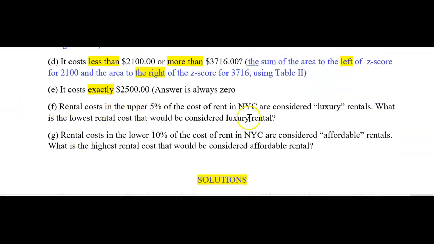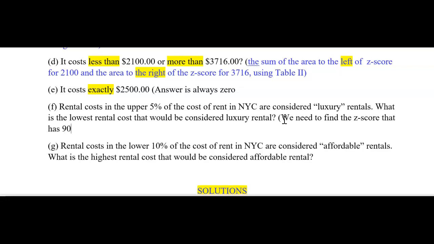Now rental costs in the upper 5%. So here we need to find the z-score. What do we need to do here? We need to find the z-score that has 95%, because it's the upper 5%, right?